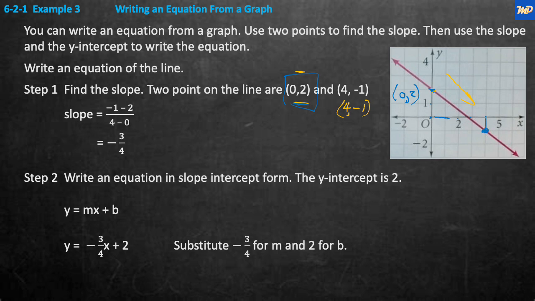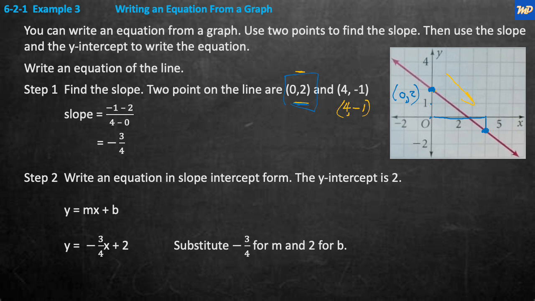This is our slope, and these are the 2 points we've decided to use to define the slope. So for the ending point, 4 comma minus 1, the 4 is the x, and minus 1 is the y.